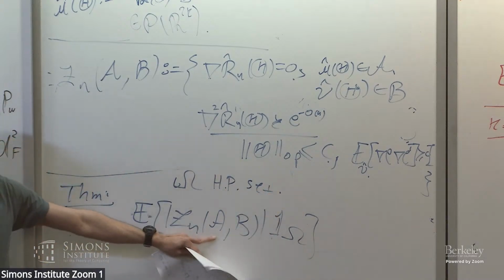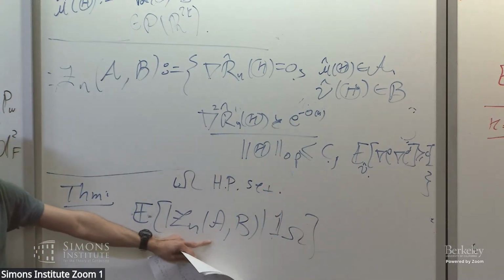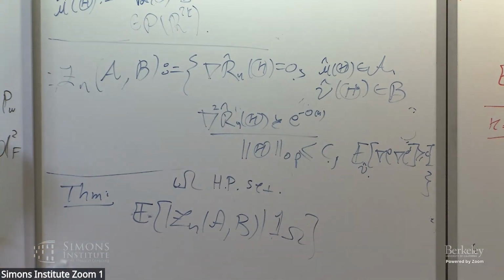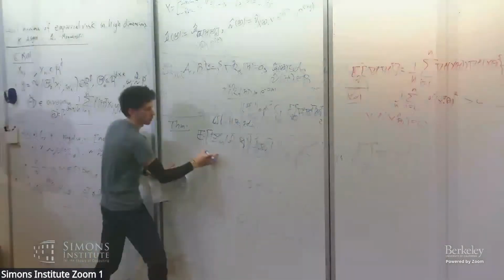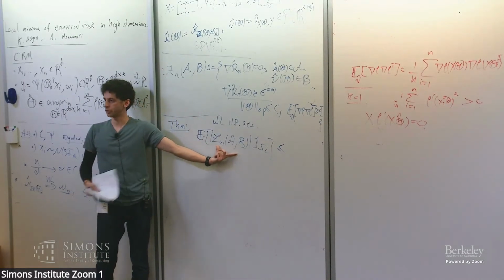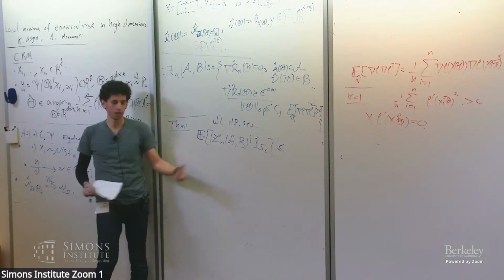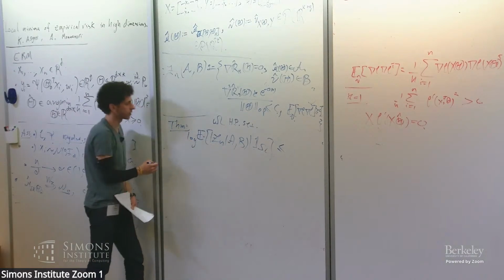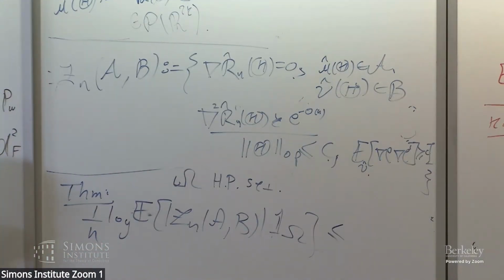A and B satisfy some regularity conditions, some openness condition, and some topology. Now I'm going to give you a bound on this. I'm working in dimension d, so generally this is an exponential quantity. So instead, I'll look at the log of this and divide by n.